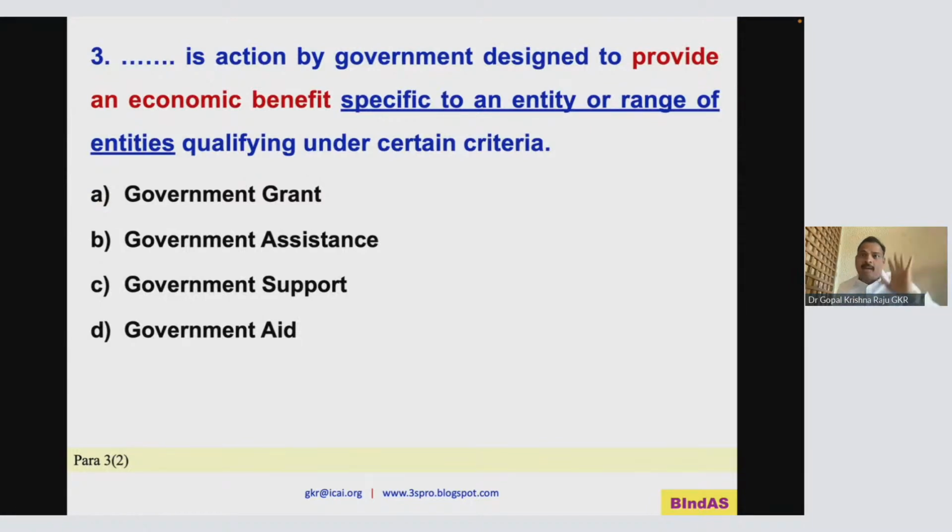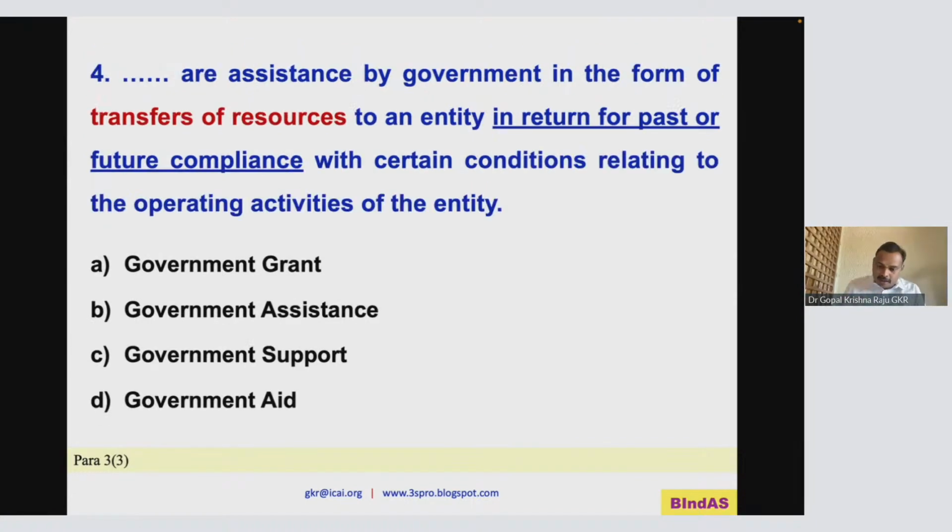You get an economic benefit because you satisfy certain criteria. Special economic zone: there will be a new area that will be developed, so you go there, you establish, and we'll give you that support. So that is called government assistance. Of course, government support, government aid, these are all synonym words. So it is 4A.